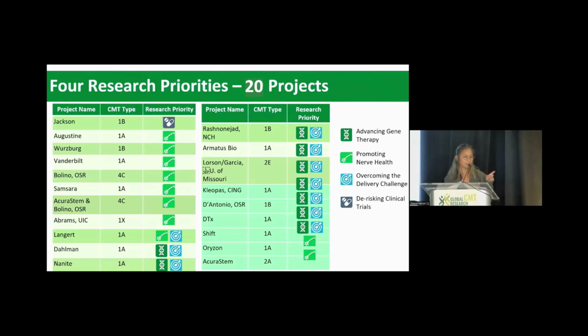And then next to each of the projects, you have the CMT type and also the research priorities, the 4 research priorities that I just talked about previously to this slide. And out of these 20 projects that we've funded so far, 6 of these projects have been completed.